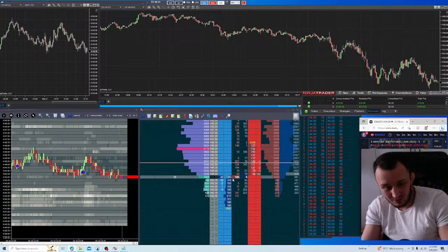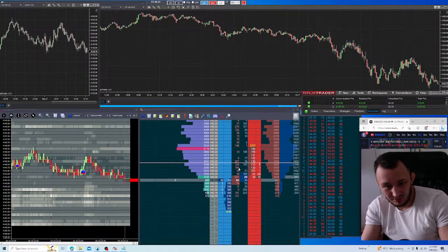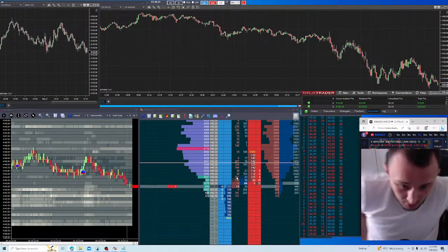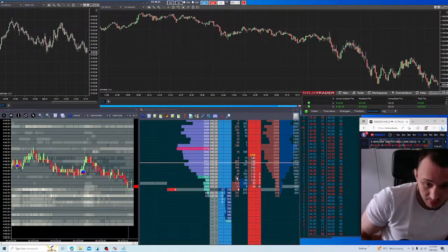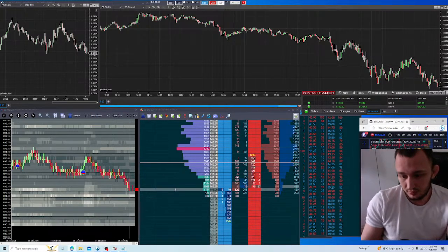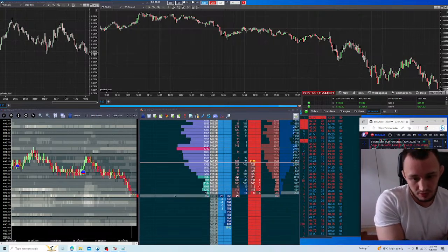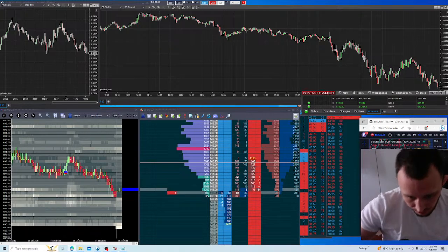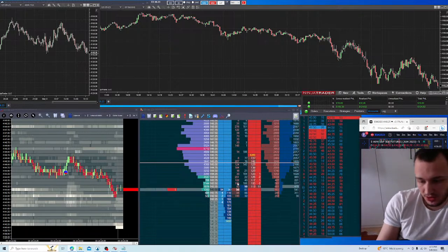We're also now at the low of this bell curve here, okay, we have so little volume here, so yeah, would have been a good short entry after all, but for me it wasn't safe enough.